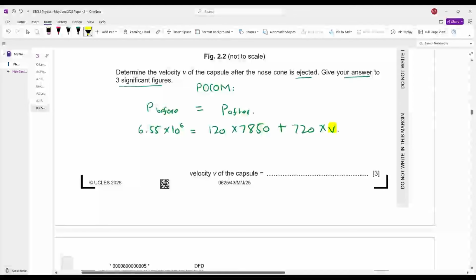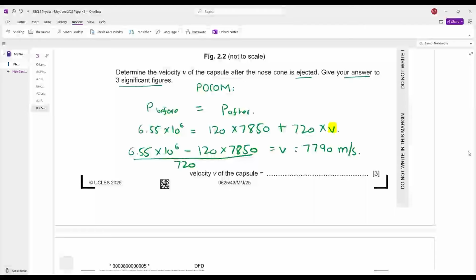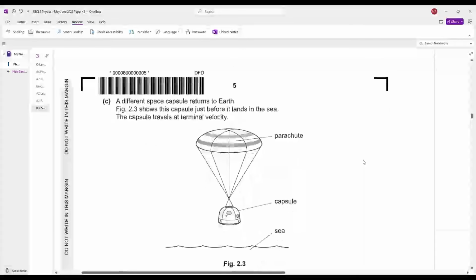Yes. 6.55 into 10 raised to the power of 6 minus 120 into 7850, divided by 720, will give you your velocity. Can any genius in the chat calculate this? The answer for velocity correct to three significant figures comes out to be 7790 meters per second. Simple. Let's further move ahead.